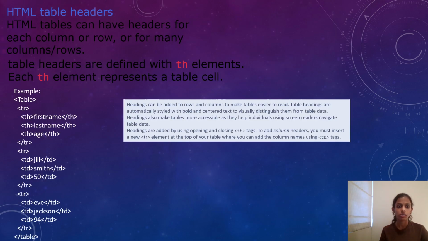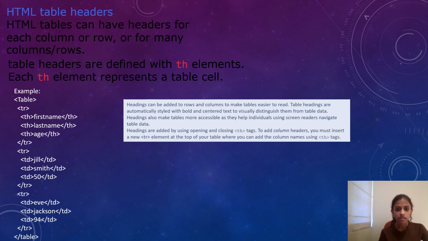So moving to HTML table headers. HTML tables can have headers for each column or row, or for many columns or rows. Table headers are defined with th elements. Each th element represents a table cell. Headings can be added to rows and columns to make tables easier to read.